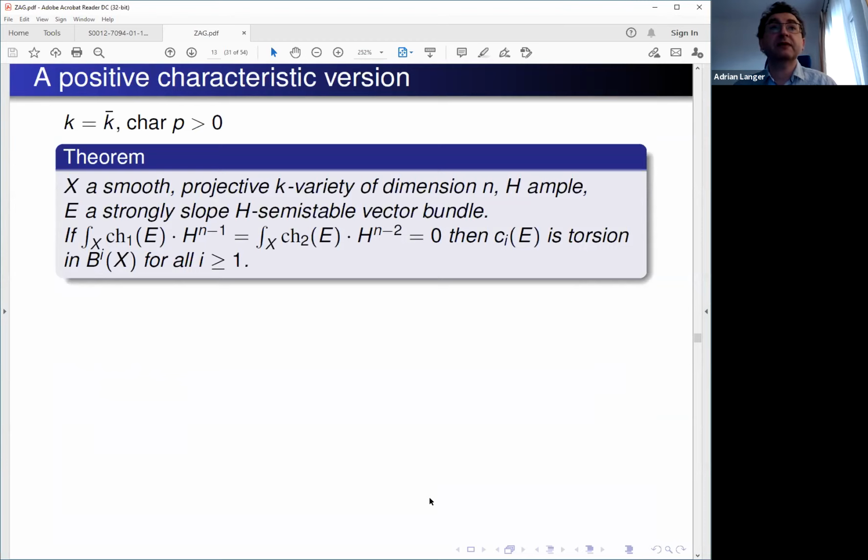So here, if we have something that is defined over an algebraically closed field of positive characteristic, and we have a smooth projective variety, and we have a strongly slope semistable vector bundle, which means that all the Frobenius pullbacks of this E are slope semistable, then if we assume that the degrees of the first and second Chern character vanish, then the Chern classes of this vector bundle are torsion in this group of algebraic cycles modulo algebraic equivalence.